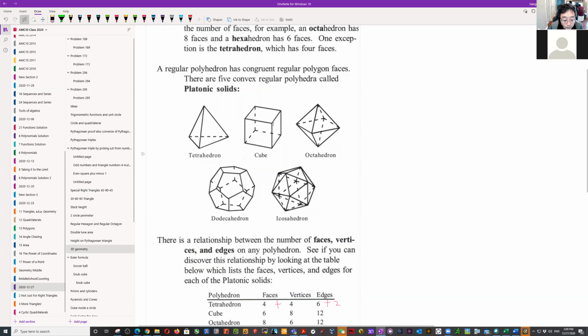The vertex needs to be shared by at least 3 faces, but could be shared by more, like in the icosahedron, 5 faces. And imagine the apex of a decagonal pyramid will have 10 faces meeting at the apex.